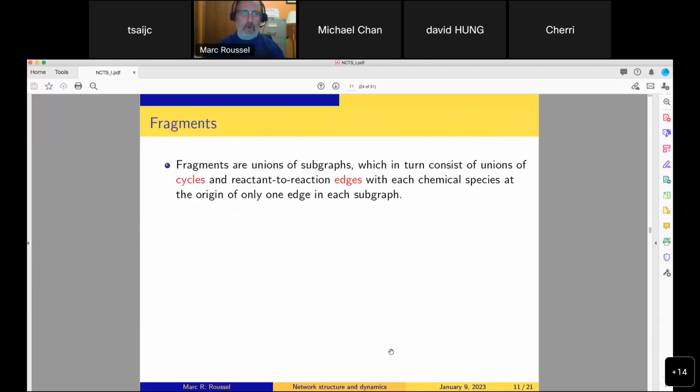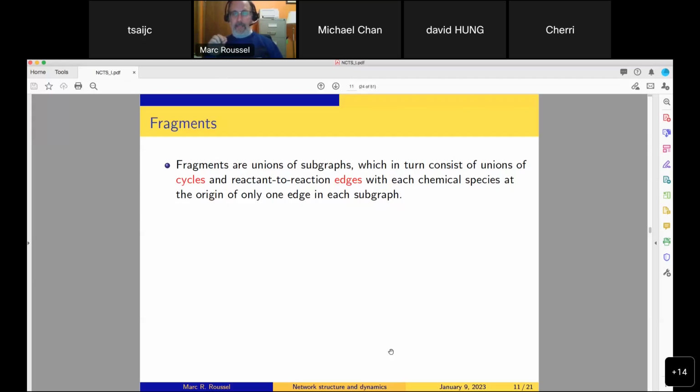Okay, so fragments. There's kind of a pyramid of concepts, if you will. Fragments are unions of subgraphs, and the subgraphs are unions of cycles and reactant-to-reaction edges. The edges that go from reactions to products don't appear in the edge graphs, but they will, of course, appear in cycles.